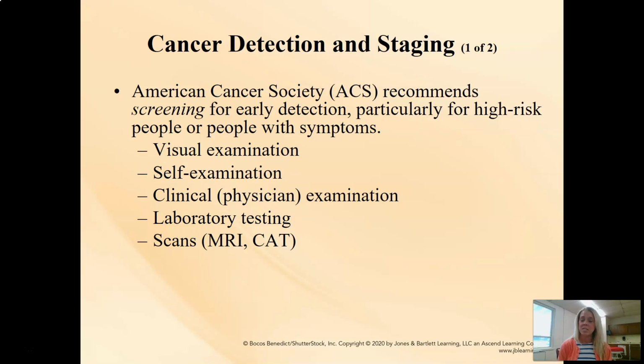Clinical or physician examinations, by going to see a doctor, they may order some laboratory testing, do a biopsy where they remove some tissue to determine if there are cancerous cells present, and different scans can be used, MRIs, CAT scans, mammography. Those are all used to help detect cancer.